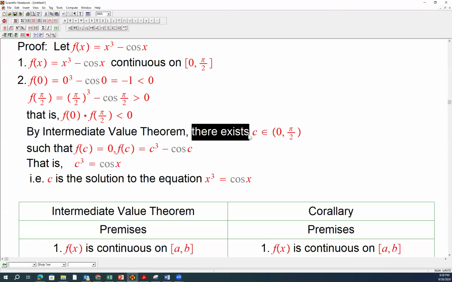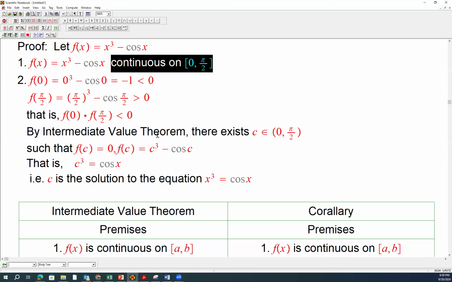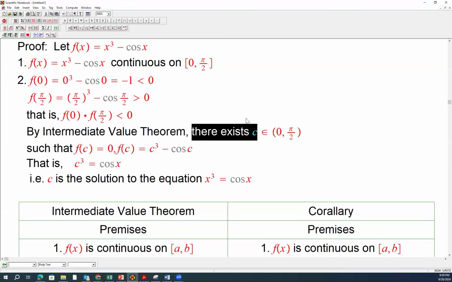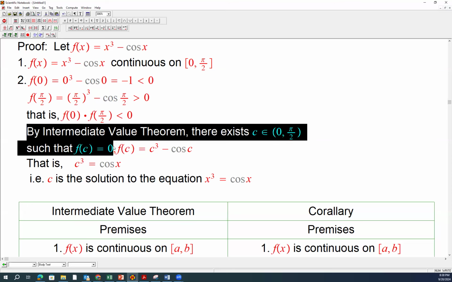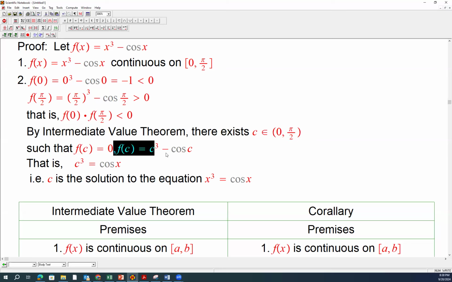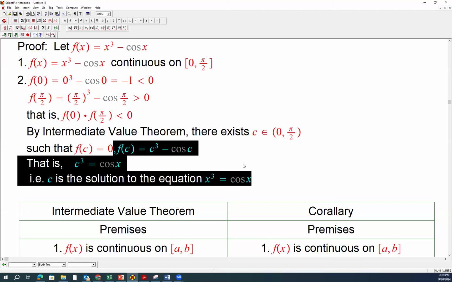Continuous on the closed interval, there exists a c, and this part of the structure, you should not omit any word.